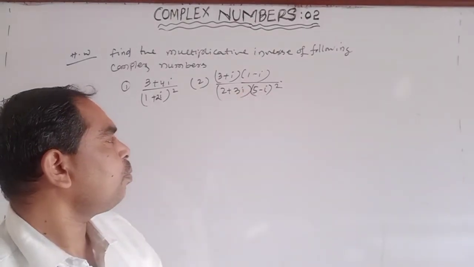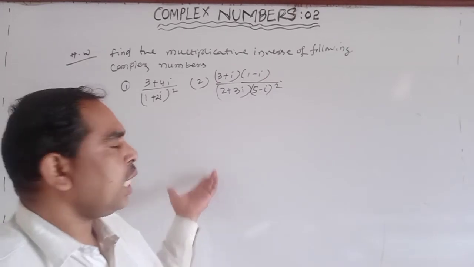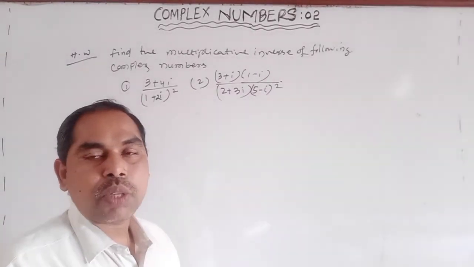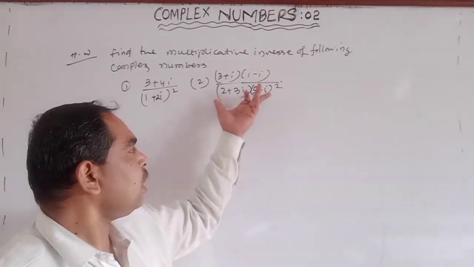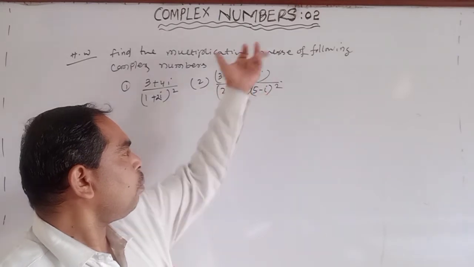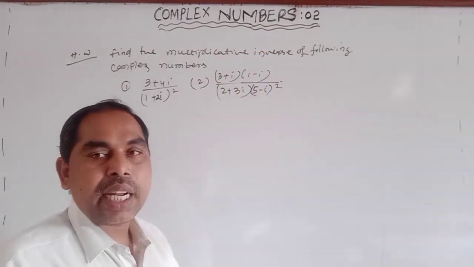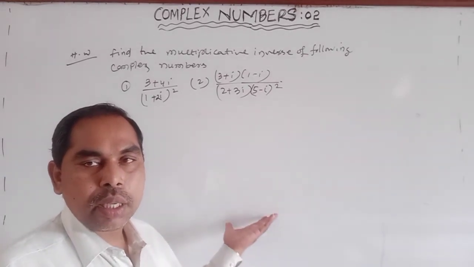We can find the multiplicative inverse of z, that means 1 by z. So 1 by z means denominator becomes numerator and numerator becomes denominator. Then simplify and reduce to x plus iy form. That is the required multiplicative inverse of z.